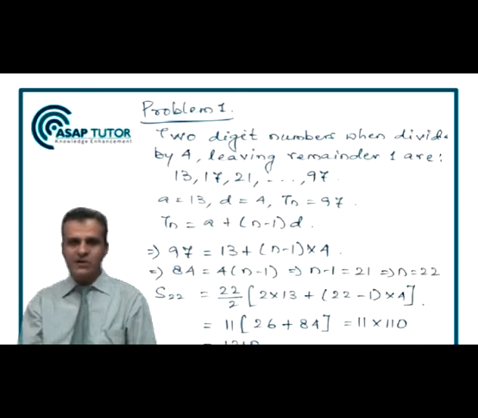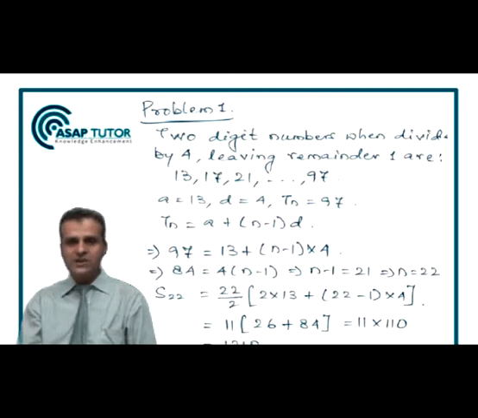Now substituting the values, Tn is 97, a is 13 and d is 4 multiplied by n minus 1. And solving it, we get n is equal to 22. So it means there will be 22 terms in this series or in the sequence, that is 13, 17, 21 and this 97 will be the 22nd term.